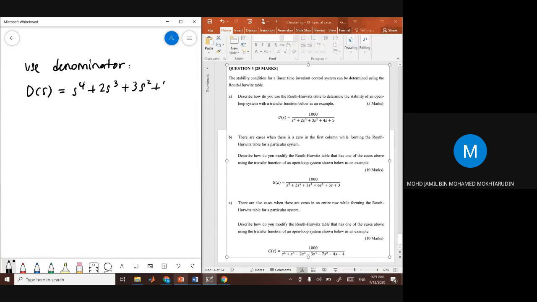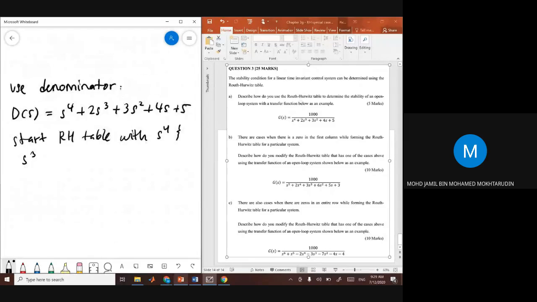And then start the RH table with S4 and S3, and arrange coefficient alternatingly.